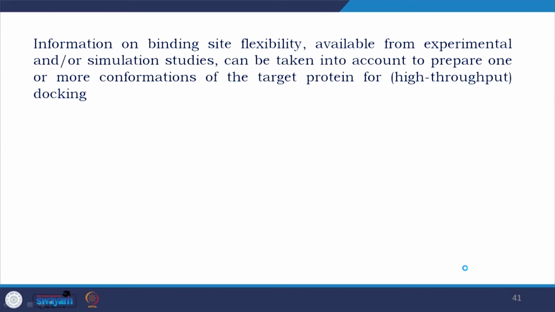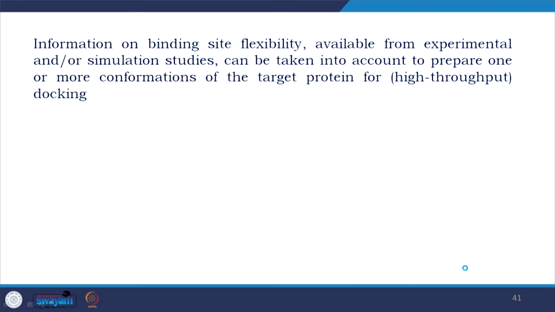And remember, I told you about the simplest idea of docking, because docking cannot validate those complex situations. So, information on binding site flexibility available from experimental or simulation studies can be taken into account to prepare one or more conformations of the target protein.